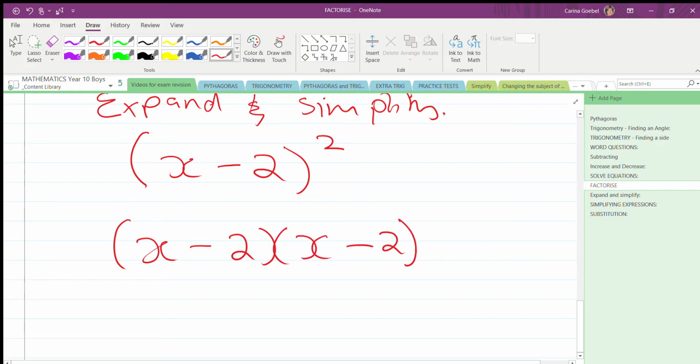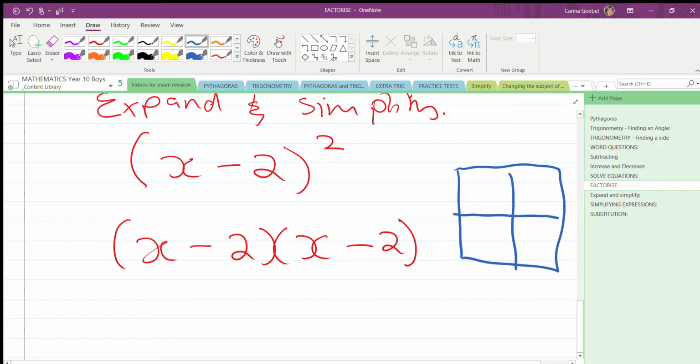Then remember, we said we can use a little block method, the multiplication grid, to do our expanding. And you can have x minus 2 there and x minus 2 there. So when we multiply them into the grid, x times x gives me x squared, minus 2x, minus 2x.